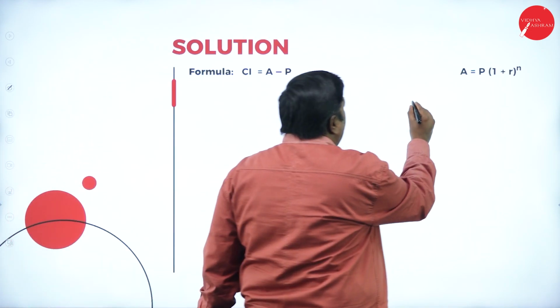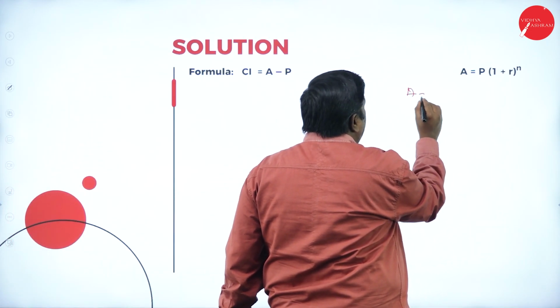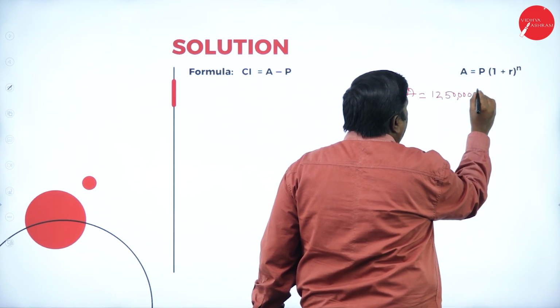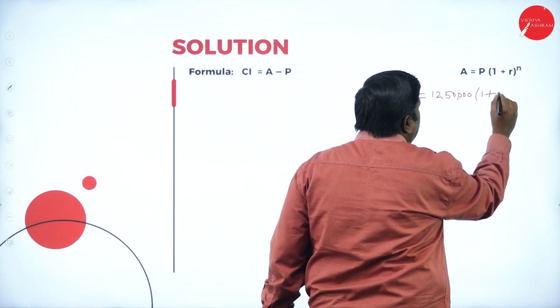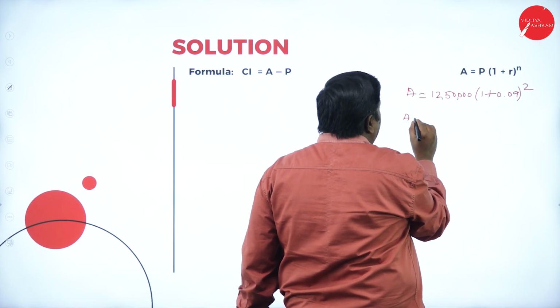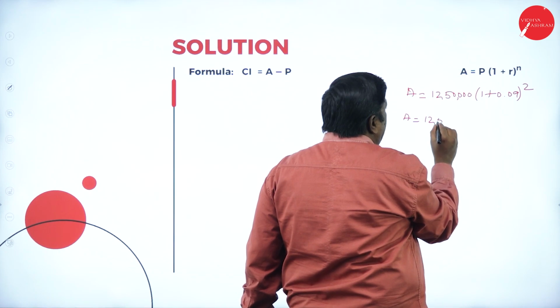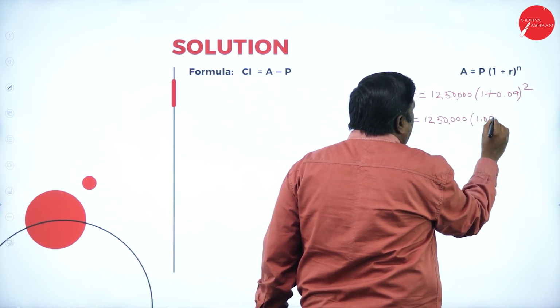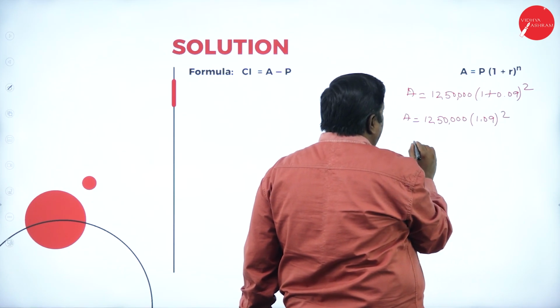So now annuity equals 12,50,000 into 1 plus 0.09 to the power of 2, that is 12,50,000 into 1.09 to the power of 2.